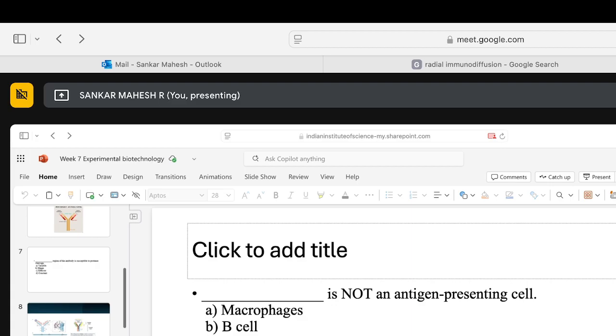Then it will display on the membrane through MHC class 2, and then the T helper cells identify that antigen fragment on the MHC class 2, and the TH gets activated, and this will activate the other B cells and T lymphocytes, and antibody gets released.